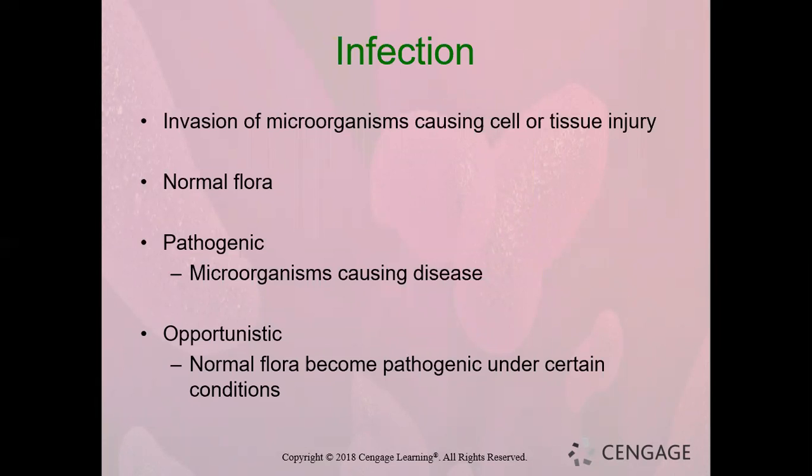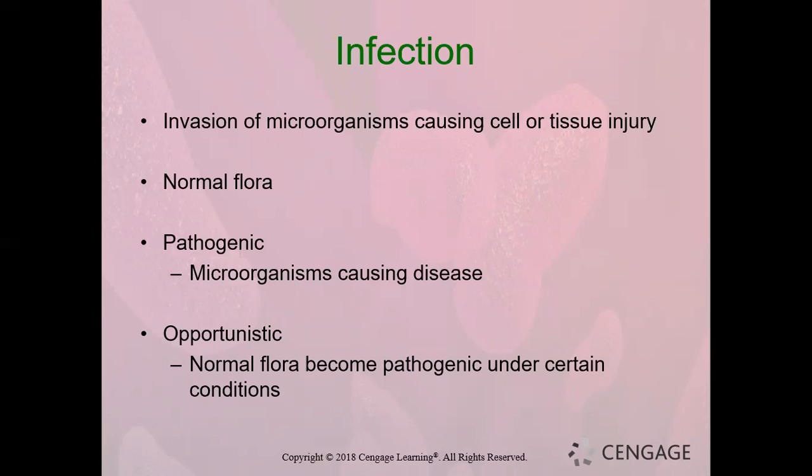Infection is an invasion of microorganisms that cause cell or tissue injury. A lot of times this is because our normal flora, which is our good bacteria, can get overrun with microorganisms, but sometimes our normal flora can cause some problems. We think about this in women who have an infection of whatever sort, and they take antibiotics and develop a yeast infection from their normal flora.